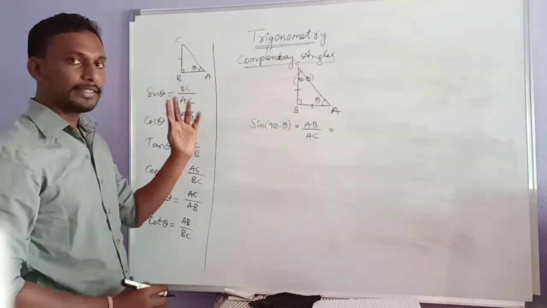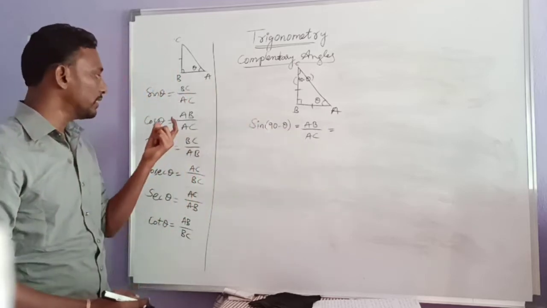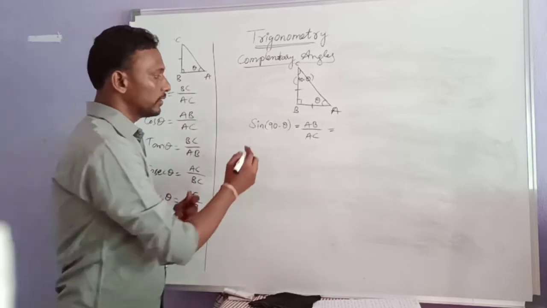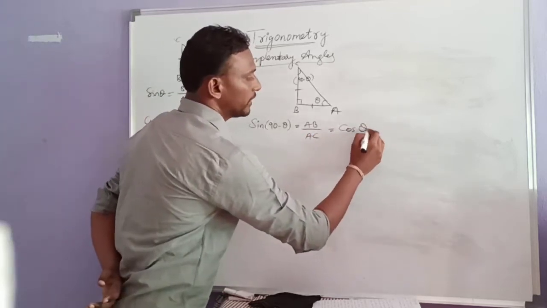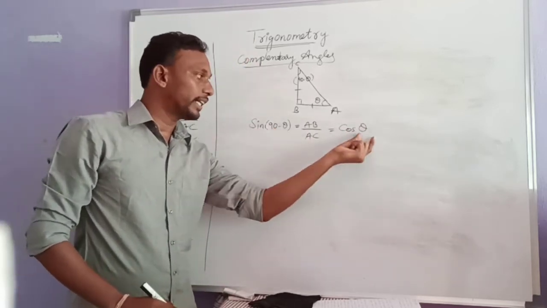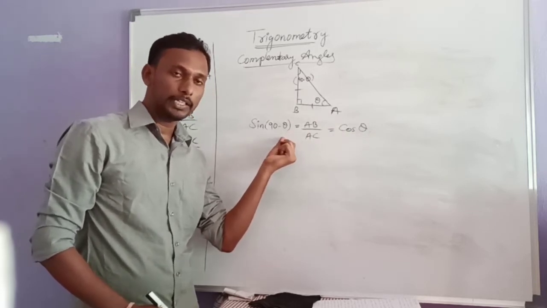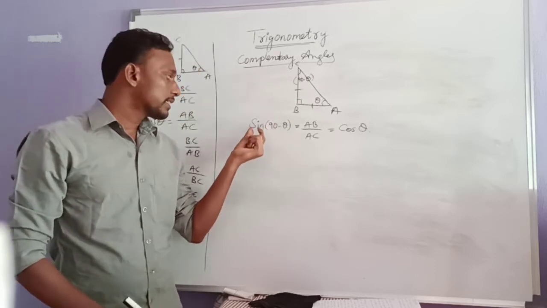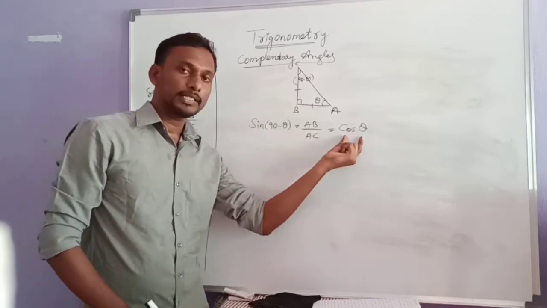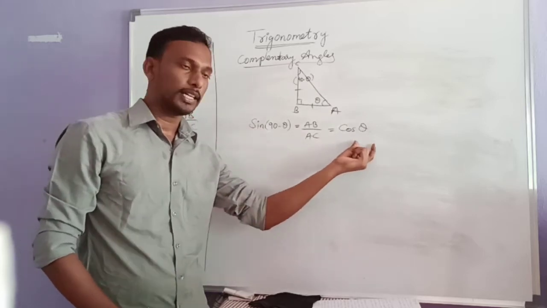From this list, AB by AC is nothing but cos theta, yes. So the complementary angle of theta is 90 minus theta, and when taking the trigonometric ratios for complementary angles, sin changes to cos theta. That is, sin 90 minus theta is cos theta, right?